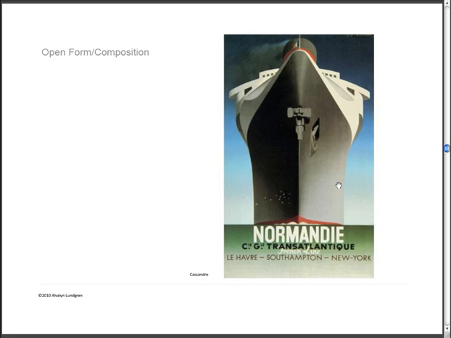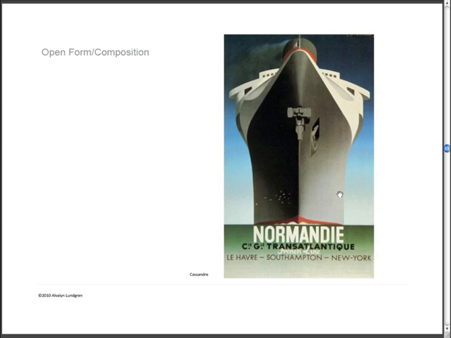In this poster, it's not a photograph, it's a poster, we have open form. And there's no borders on it, there's nothing that is actually confining anything. And the hint of two-dimensionality actually comes with the letter forms and the way they align.